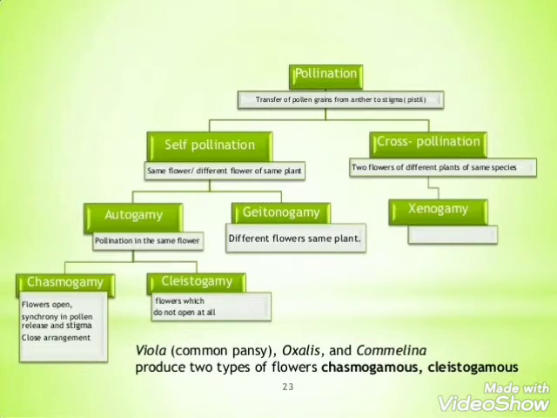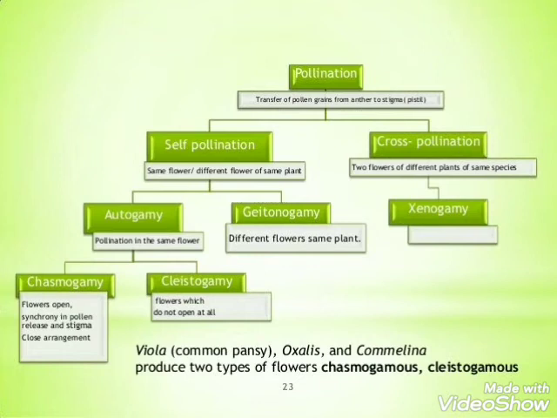Autogamy is further divided into chasmogamy and cleistogamy. Chasmogamous flowers are open with exposed stamens and stigma, which facilitate the process of cross-pollination. Cleistogamous flowers are those which are bisexual in nature and closed.